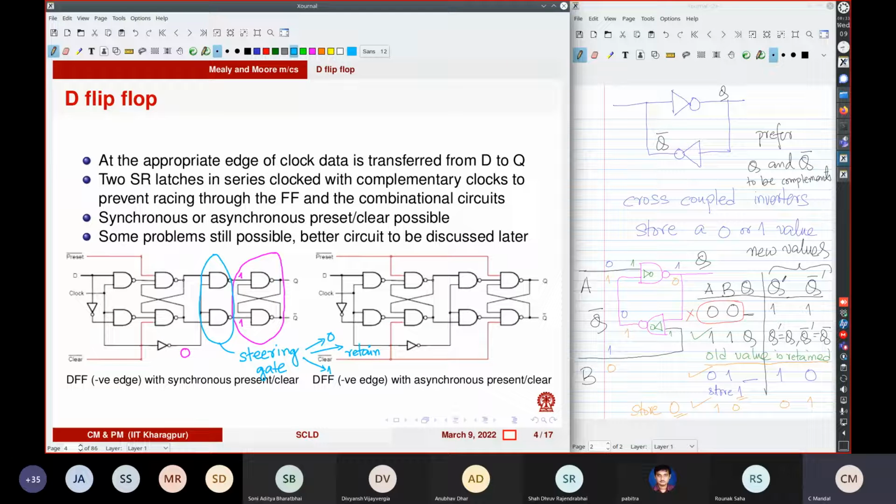All right. Now, this is the basic idea of a latch. It's also called a D-latch. You can latch a value in this circuit.